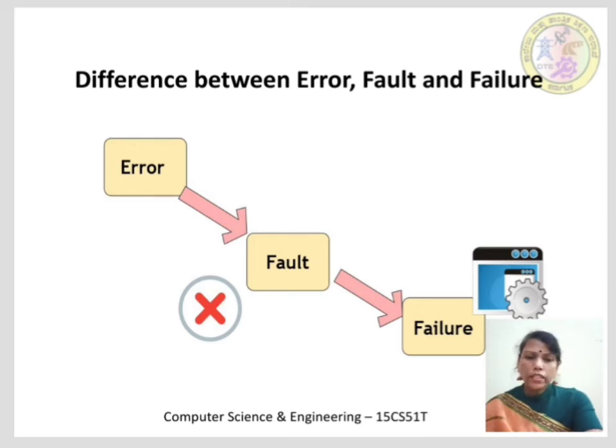An error is an action that produces an incorrect result. It also refers to a missing or incorrect human action resulting in faults being injected into the program.